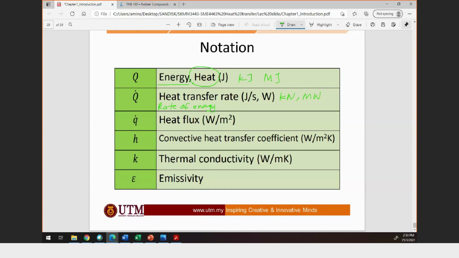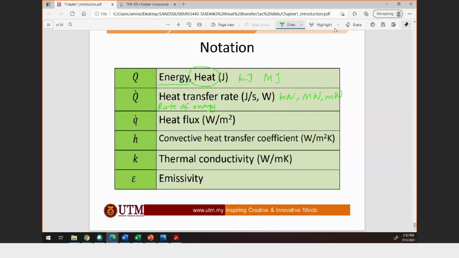Sometimes, if it is very small, you are dealing with milliwatt, for example in the case of electronics dissipation, heat generated by an electronic circuit or component. So it is very small.